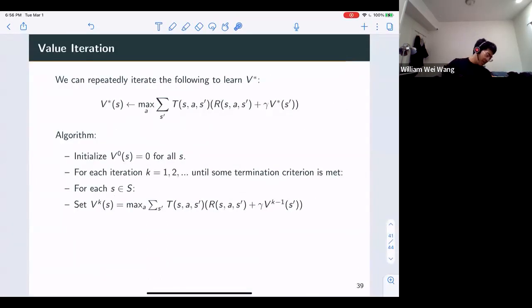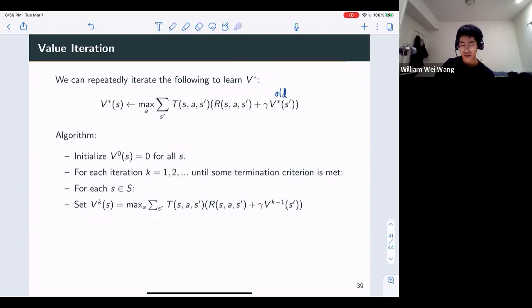So with the very little remaining time, I'm going to talk about value iteration. This is one of those algorithms that you use to compute what the optimal value function should be. So V star is the true optimal value function, right? And we know that it satisfies this fixed point relation. So what we can do is, we start with some old estimate of V star.